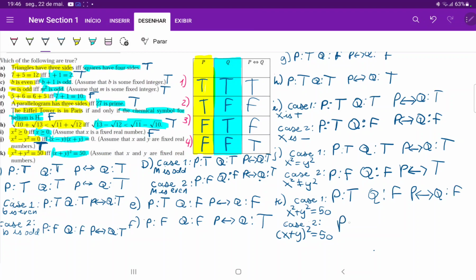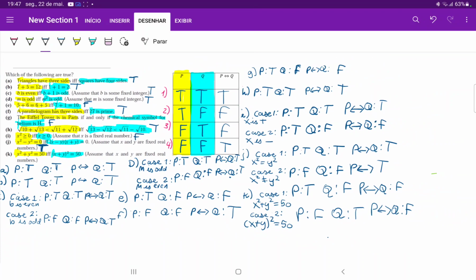Case 2, we have that P is false, because x plus y squared is equal to 50, and Q is true, and therefore the biconditional is false. So in both of these cases, we can see that it leads us to false because we have different truth values for P and Q. And therefore, we can say that this one is false.